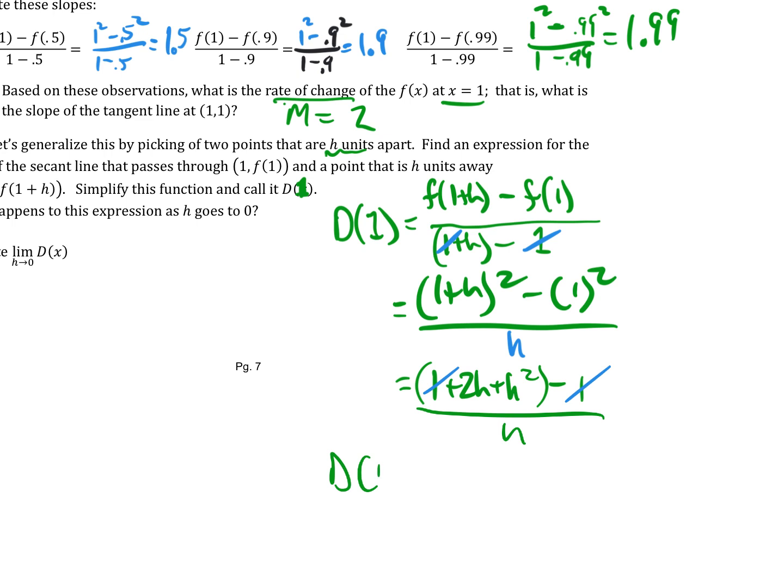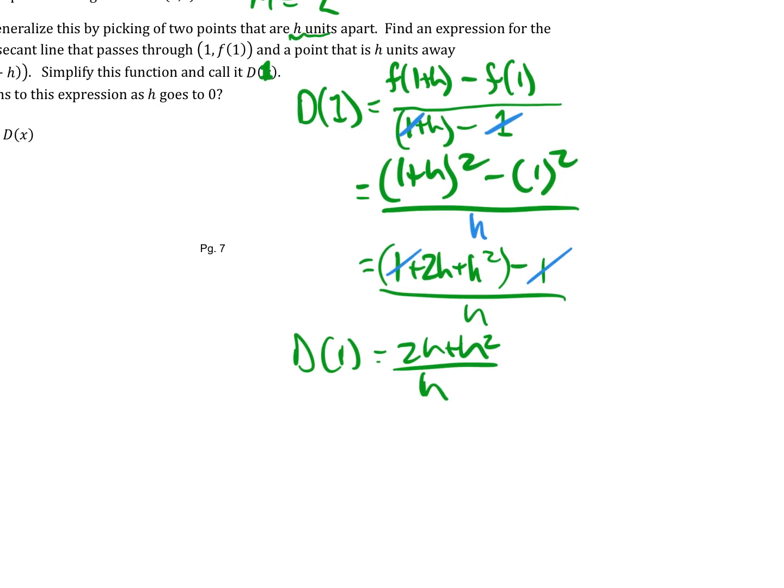So d of 1 is 2h plus h squared over h. Forgot my squared there. Well, we can factor out an h here, and those cancel. Basically, we're just canceling an h in both terms. You can think of it that way also. And we're left with 2 plus h.